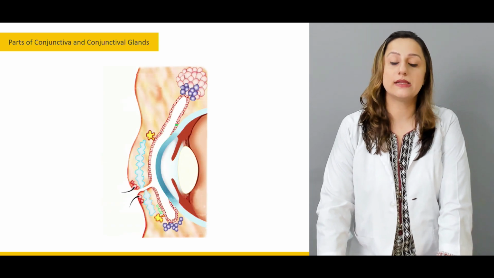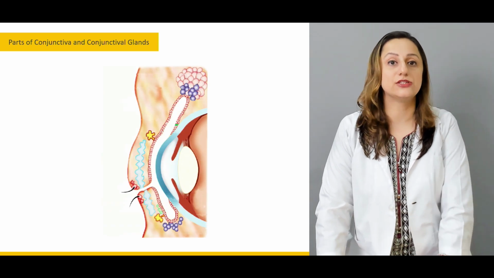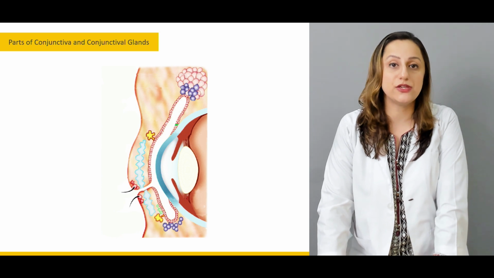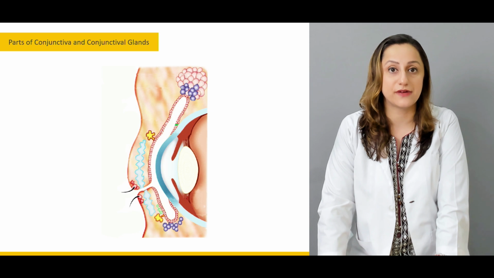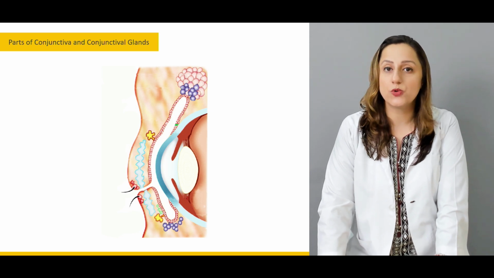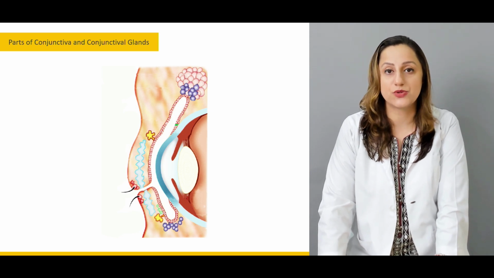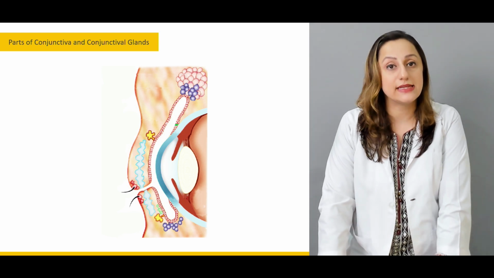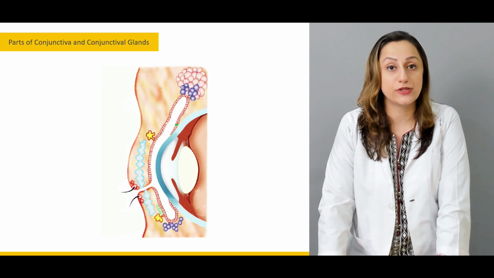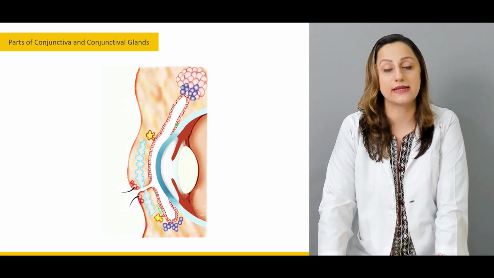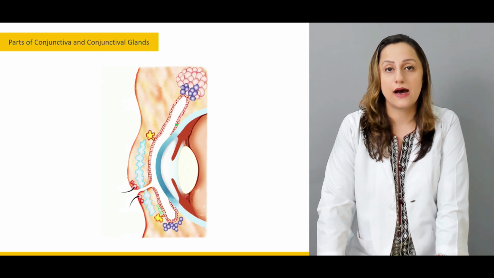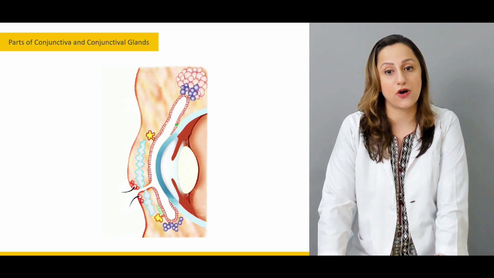First of all, when we'll be discussing conjunctivitis or the inflammatory or infectious states of the conjunctiva, we must know the applied anatomy that is related to the conjunctiva. So what are the different glands that are responsible for the mucin that is secreted for the conjunctiva, and that is secreted obviously for the protective purposes of the conjunctiva.